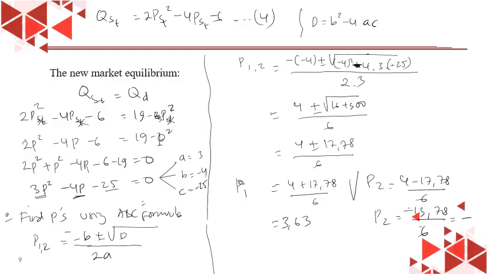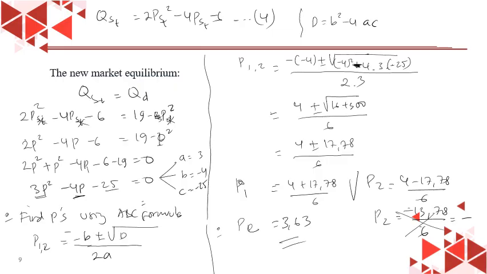And because this is about the price, there is no negative value of price, so just leave it that way, and we just take the positive one as our equilibrium price. And then you change this to PE.